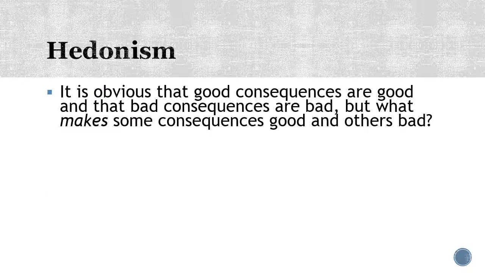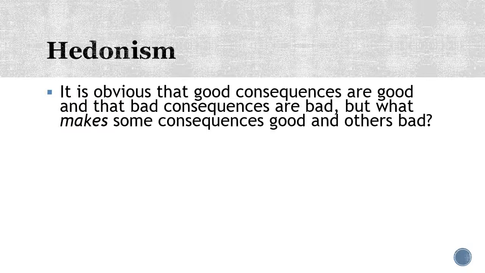The second idea that goes into utilitarianism is the idea of hedonism. This is an idea we've already seen in the writings of Epicurus and in the previous lecture. It's obvious that good consequences are good and that bad consequences are bad. But of course, we need to know what actually makes some consequences good and what makes other consequences bad. We need some meaning in terms of good or bad. And so for that, we need a theory of well-being. We need a theory of when somebody's life goes well for them.